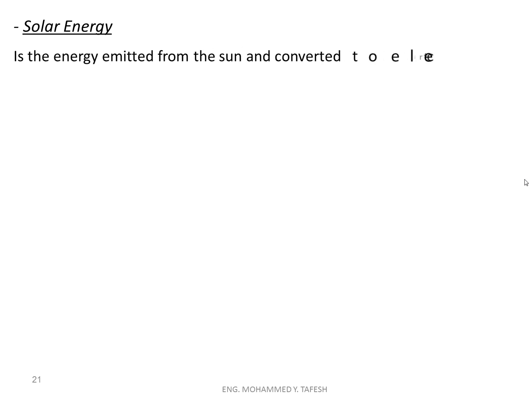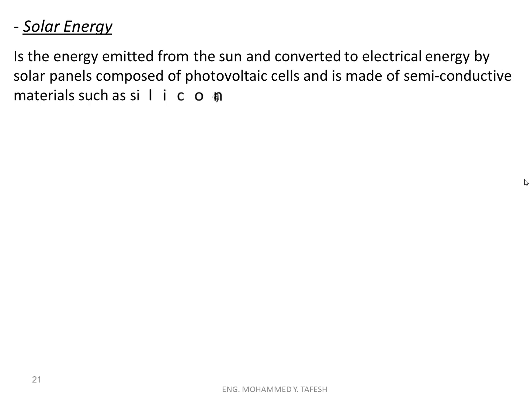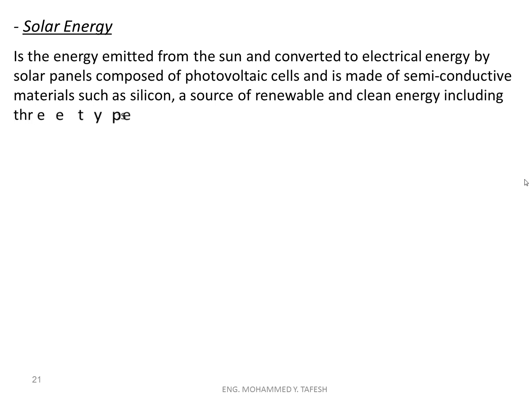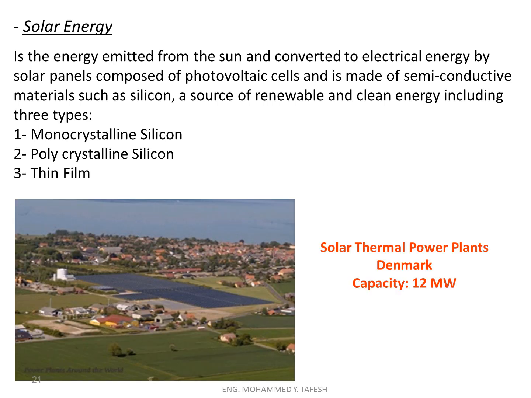Solar energy is the energy emitted from the sun and converted to electrical energy by solar panels, composed of photovoltaic cells, and is made of semiconductive materials such as silicon, a source of renewable and clean energy including 3 types: monocrystalline silicon, crystalline silicon thin film.